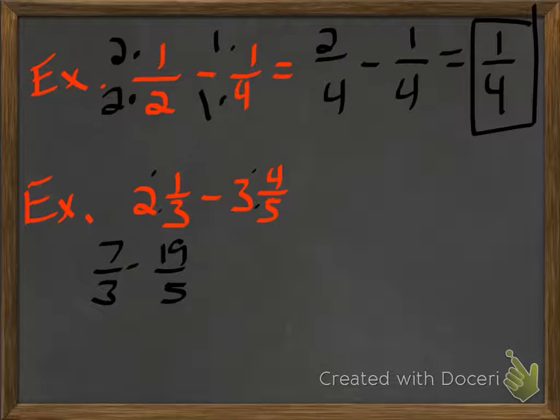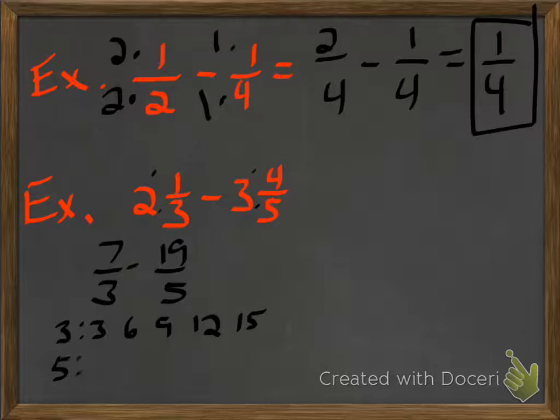So let's find the least common denominator. 3 times 1 is 3, 3 times 2 is 6, 3 times 3 is 9, 3 times 4 is 12, 3 times 5 is 15.